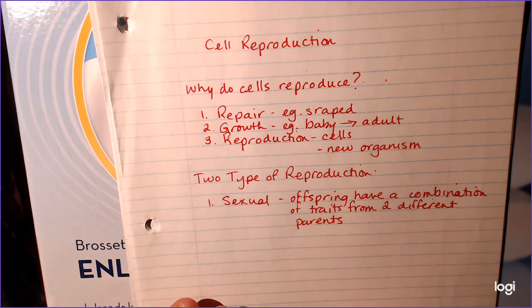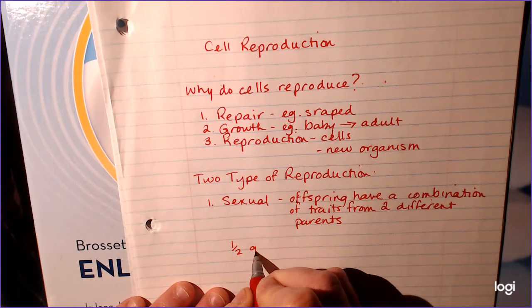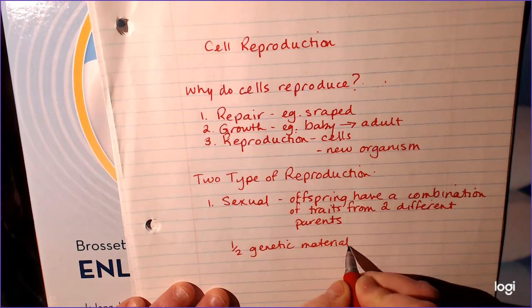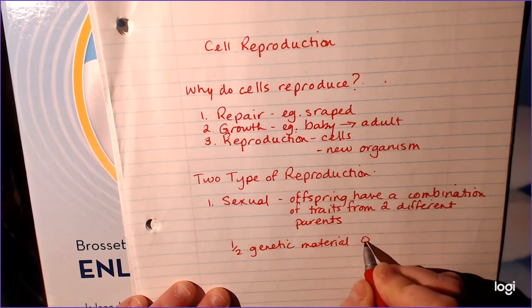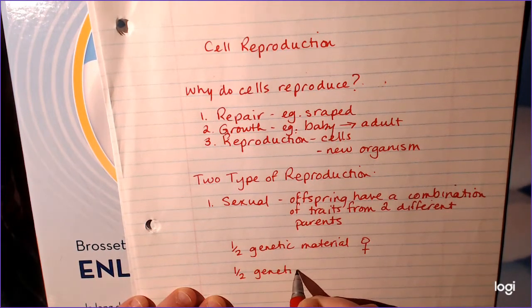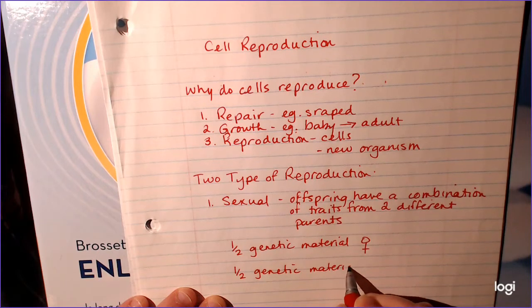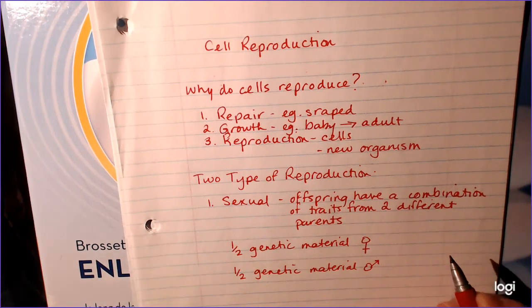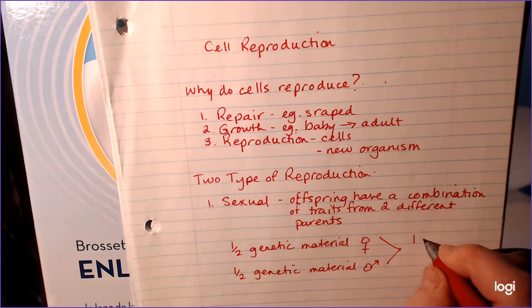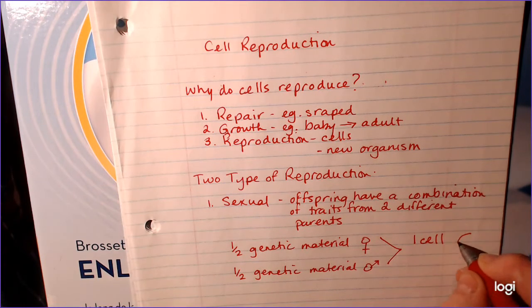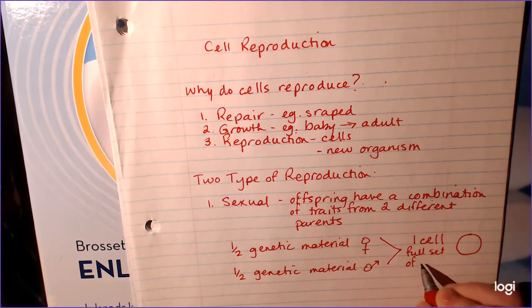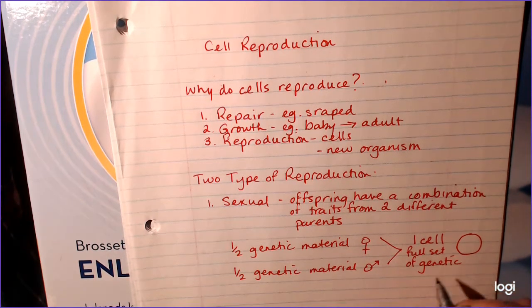In terms of humans, half the genetic material comes from the female, half the genetic material comes from the male, and we're going to fuse those two together to form one cell. So we've got one cell now with a full set of genetic information.